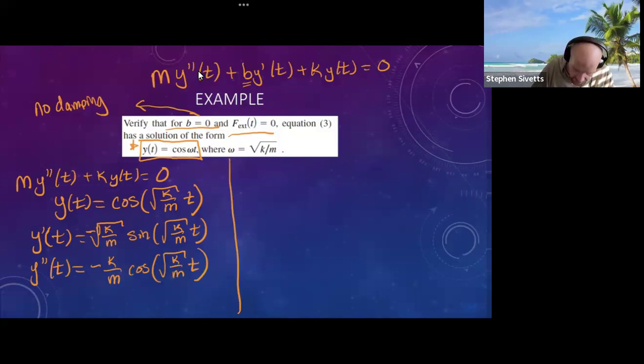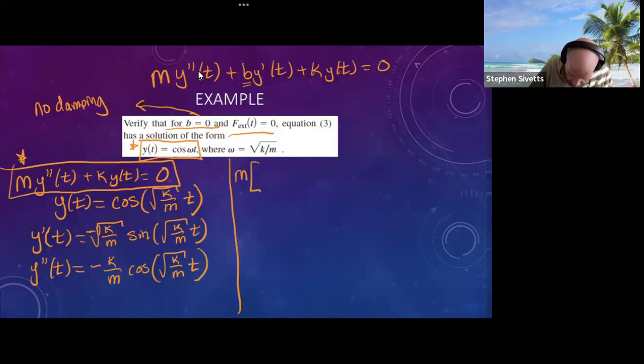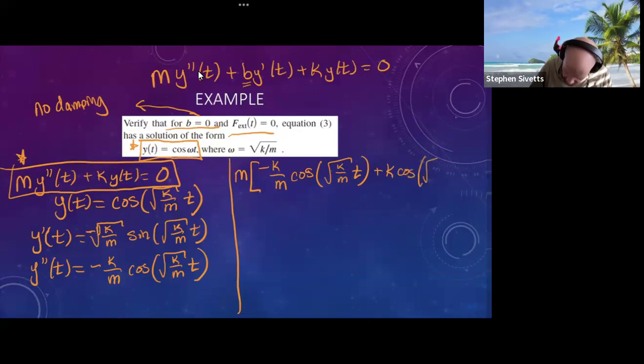So if we plug this into the equation, we'll have m times y double prime of t, which is minus k over m times cosine of the square root of k over m times t, plus k times cosine of the square root of k over m times t. And this has to equal zero, right?